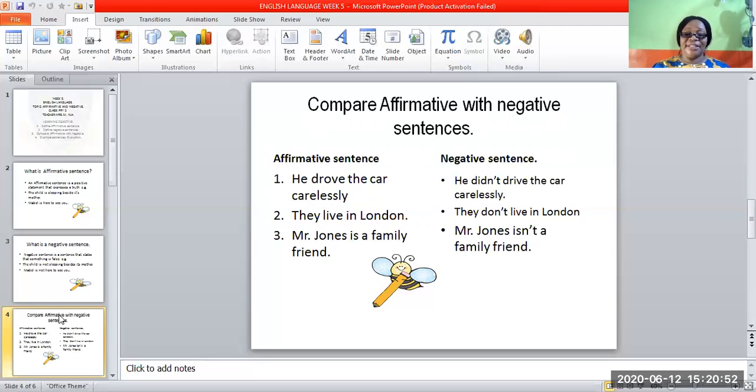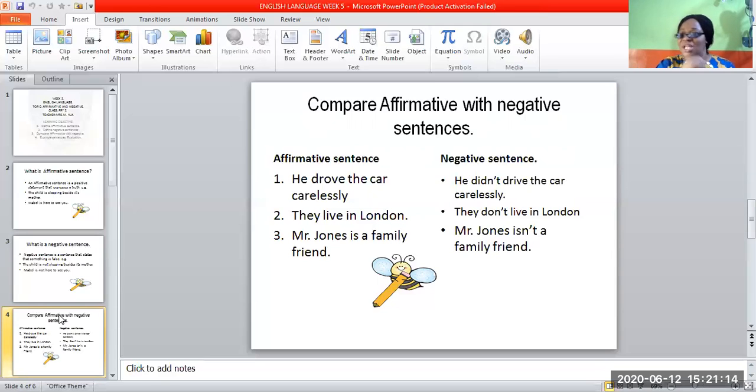Do you understand? Now, to write it in the regular way, without the contraction, we say, he did not drive the car carelessly. We're talking about negative sentences. They don't live in London; they do not live in London.